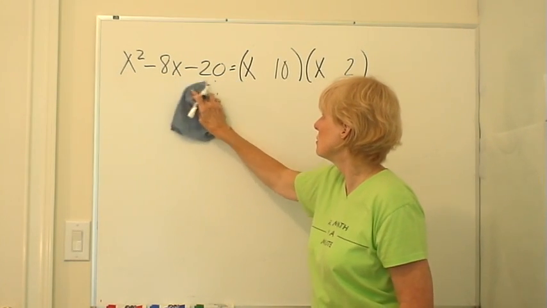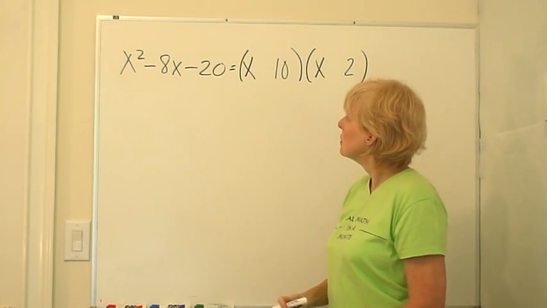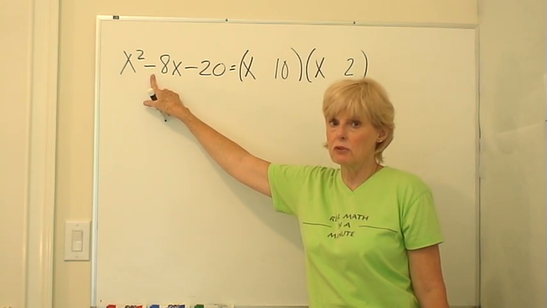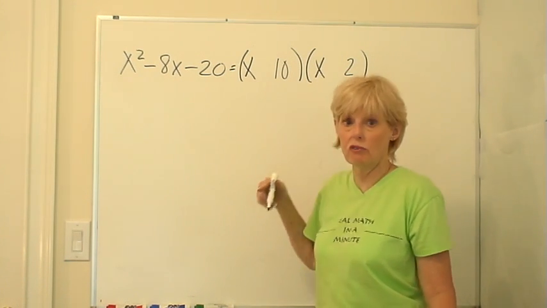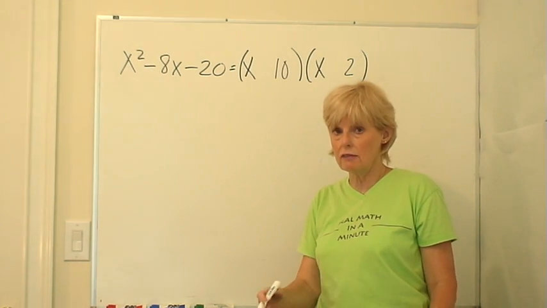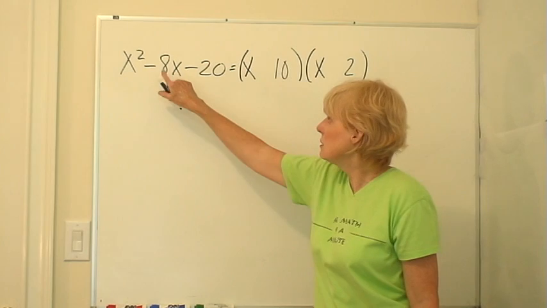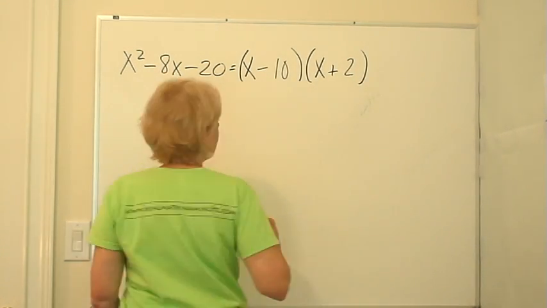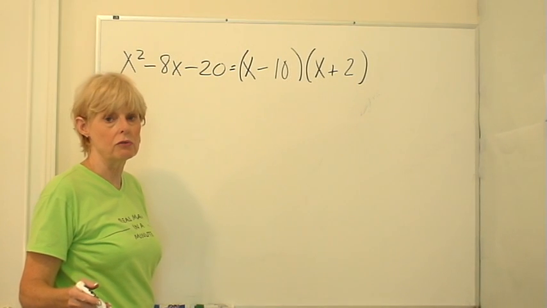Okay, now let's get our signs right. Well, it's got to be a negative 8. And we've got to subtract the numbers, because if we add them, we're going to get 12. So we have to subtract them, which means one sign's going to be negative, one's going to be positive. And this sign is going to go with the larger one. So here we go with a negative 10 and a positive 2.